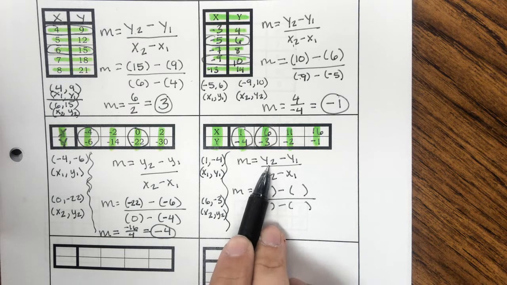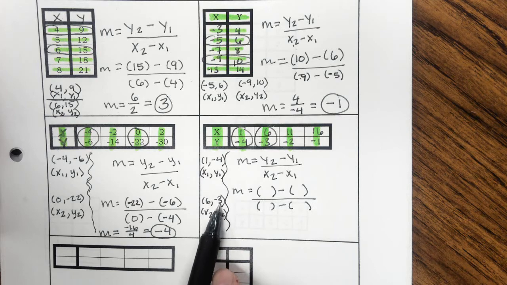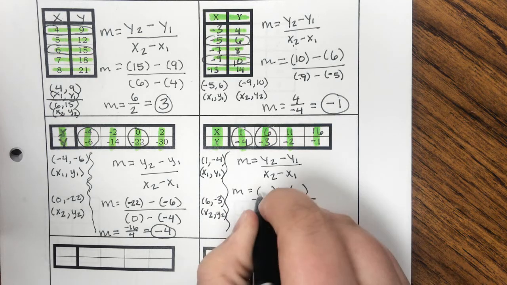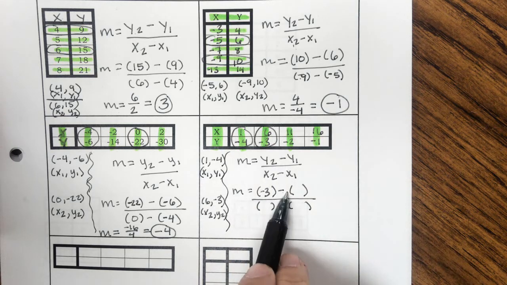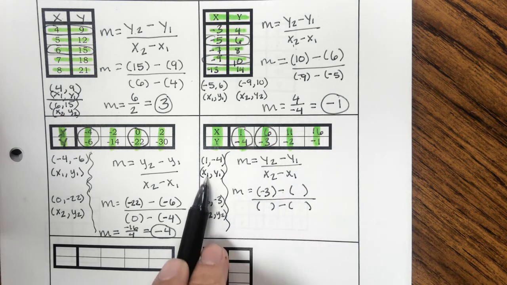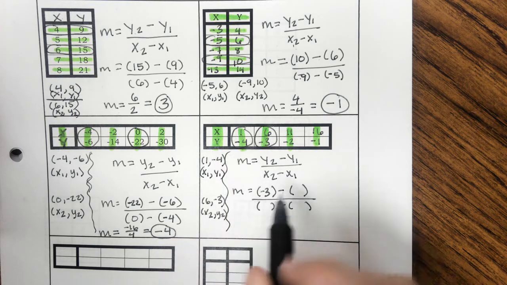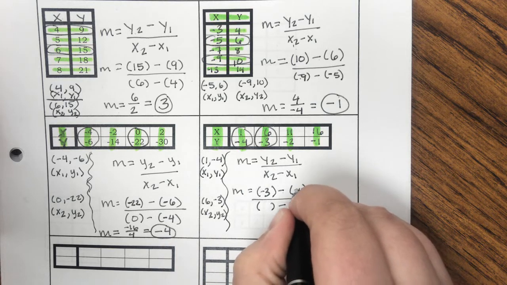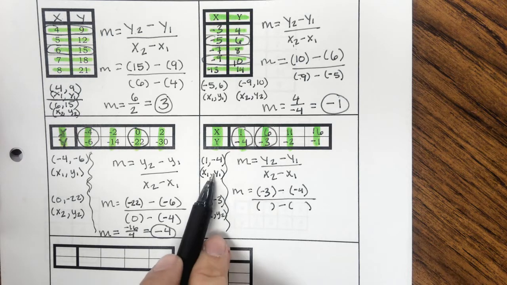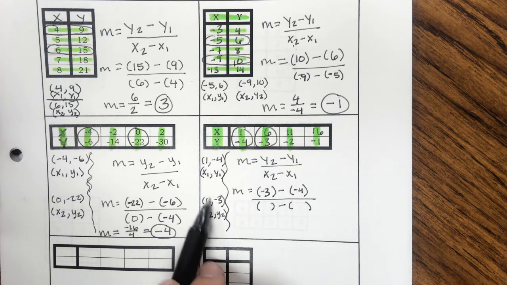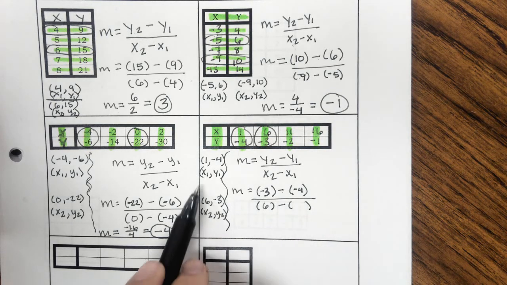Instead of y2, look in your ordered pairs and find y2. There's y2, its value is negative 3. Minus sign y1, look at your ordered pairs and find y1. y1 is negative 4. Find x2 in your ordered pairs. Here's x2, which is 6. Now find x1.